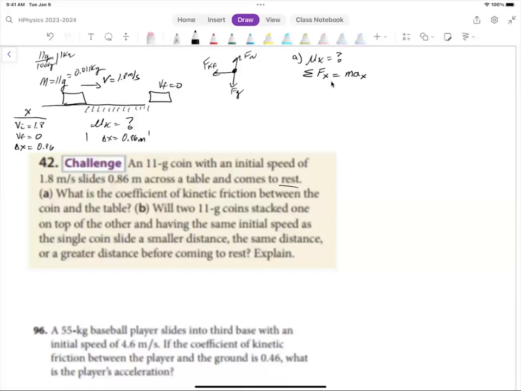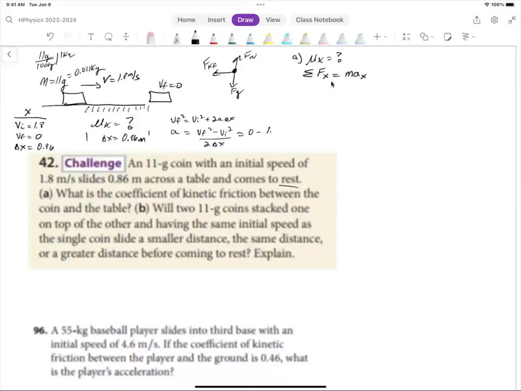So we will have to use the equation. I'll do it over here. V final squared equals V initial squared plus 2a delta x. Excuse me, I'm solving for acceleration. Same equation though: a equals V final squared minus V initial squared over 2 times delta x.